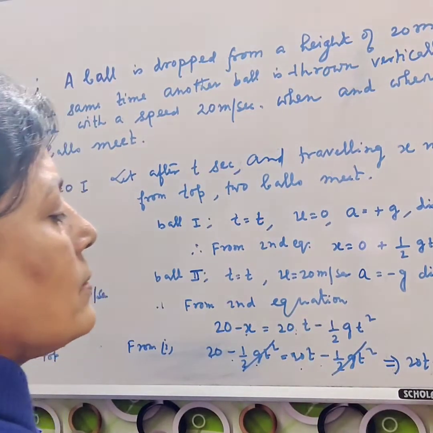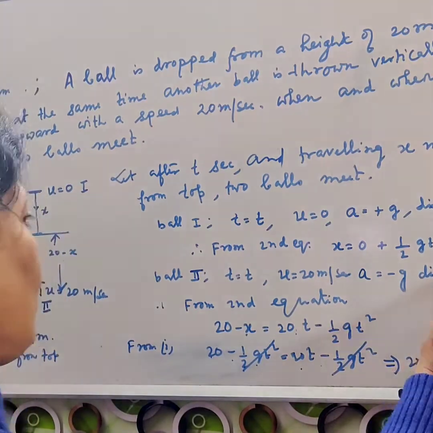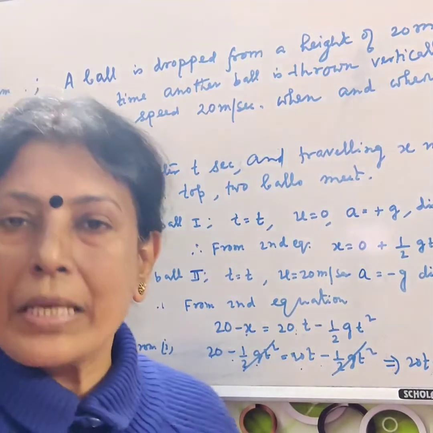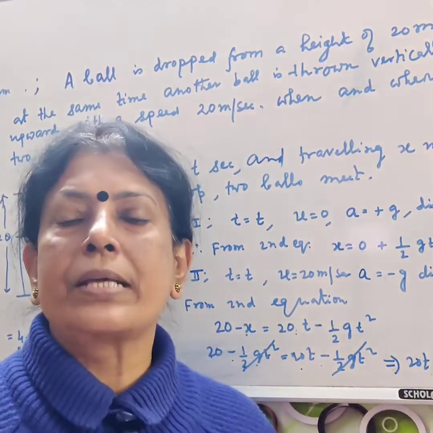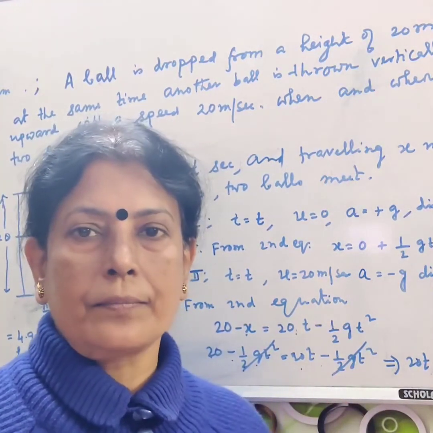So by putting t equal to 1 second in equation 1, we are getting x is equal to half g t square, so x is equal to 9.8 by 2 into 1, that is 4.9 meter from the top. So the balls will meet 4.9 meter from the top, and after 1 second.